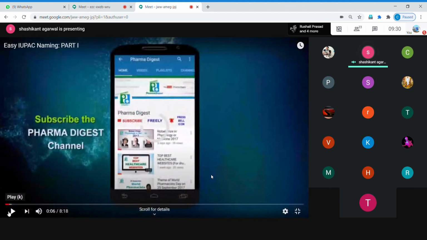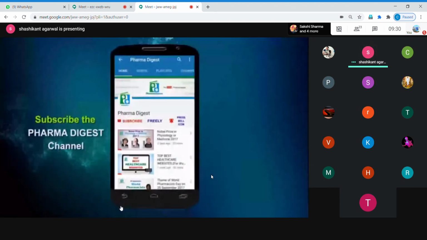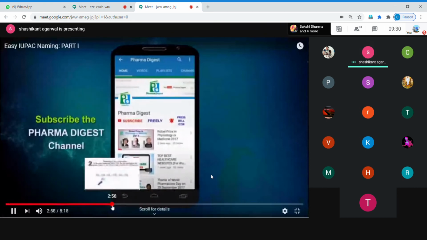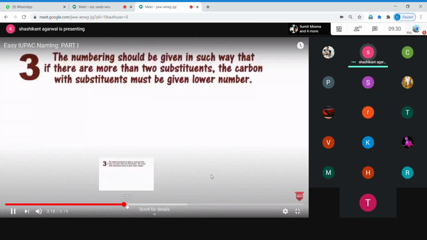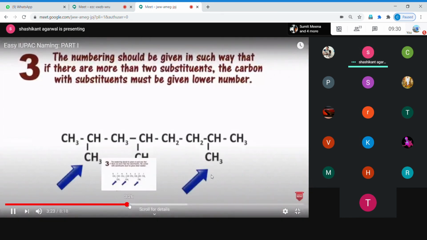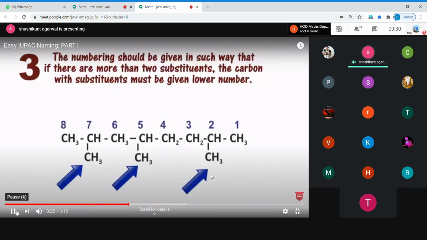That particular example that you were seeing right now, I'll just go to that slide. If there are more than 2 substituents, the carbon with substituent, for example, there are 3 methyl groups attached. As you can see, I now have 2 options.